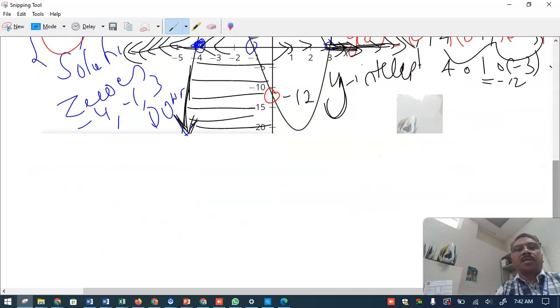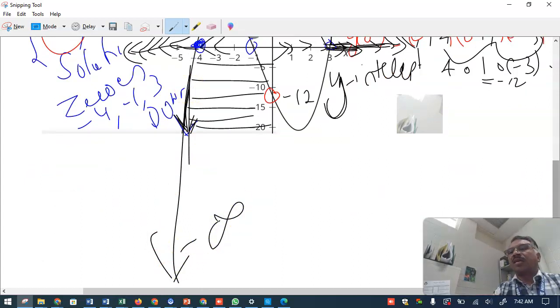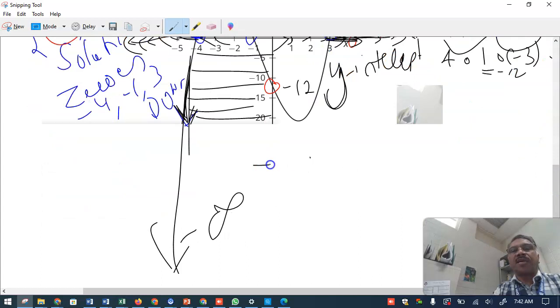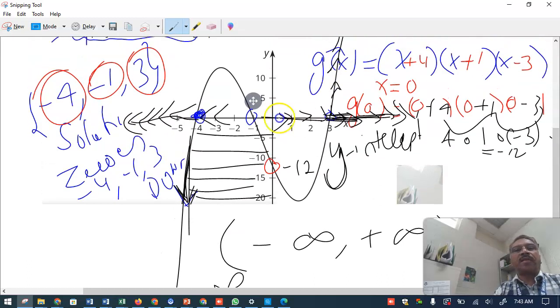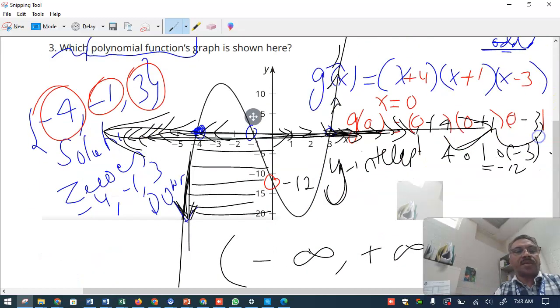So we say minus infinity. The range of the polynomial function is from minus infinity to plus infinity, and the domain is anything you can plug in for x, so the domain is all real numbers.